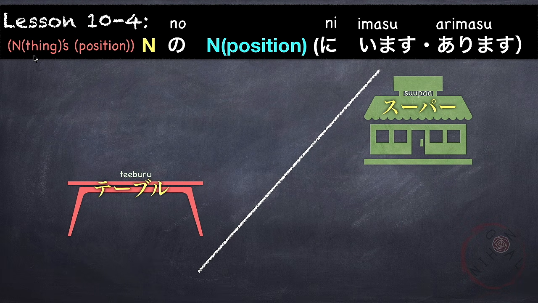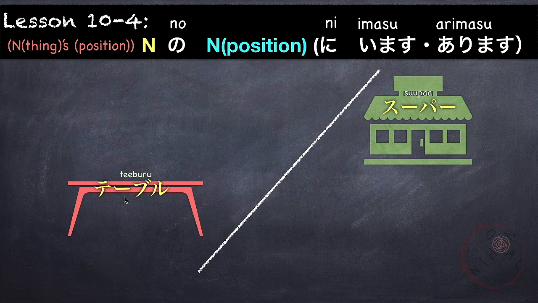Now, how to say "and," which could be a thing, a place, or another person. Position. So we use no position. Position could be above, below, side, inside, outside, and so on. And then you can follow that by putting ni imasu or arimasu. For example, here we have a table, or teburu.